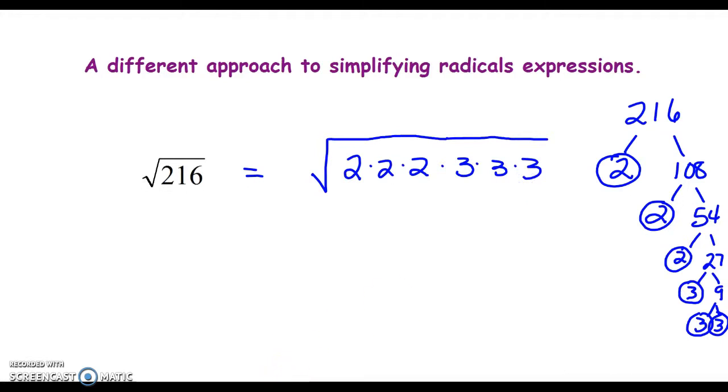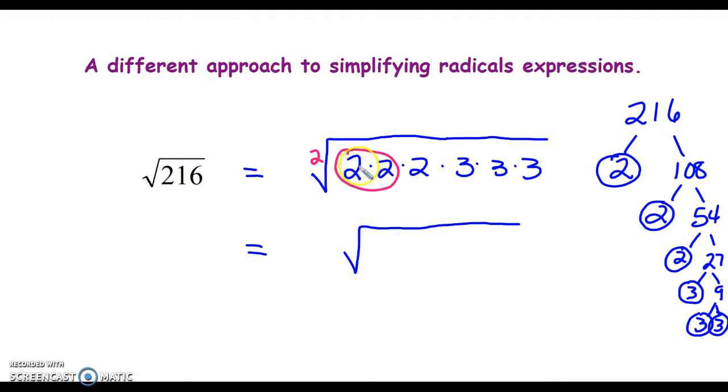Okay, now we're taking the square root. That means the index is 2. So in order for a number to come out from underneath the radical sign, you've got to pair them up. Right there, if I pair that up, 2 times 2 is 4, and you know the square root of 4 is 2.